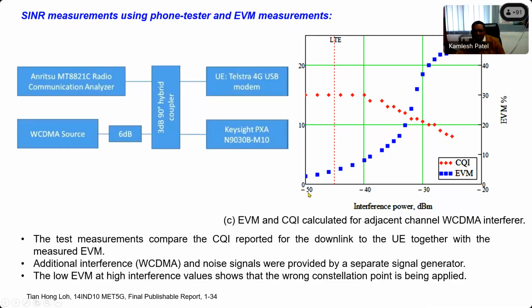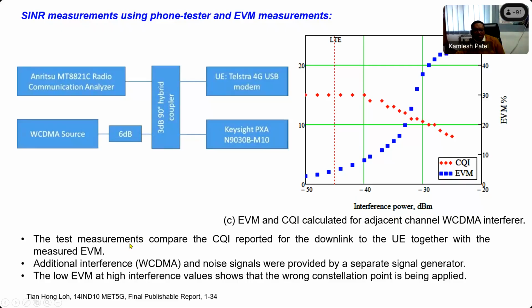On changing the range from minus 50 to 20 dB, the CQI value changes from, let's say, minus 15 to about 7, while the EVM parameter has increased from, let's say, 2 to about 25. So this is the enhancement of the EVM signal with the increasing interference power, in dBm.